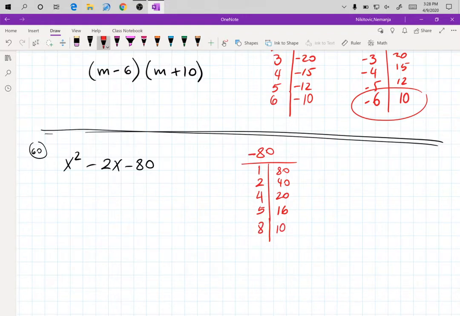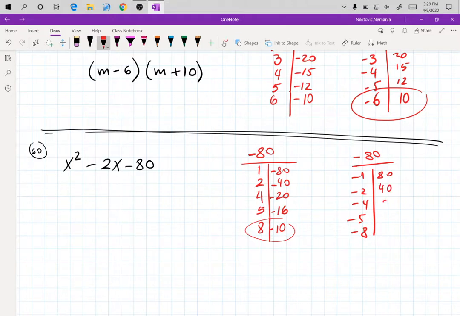And this was supposed to be negative, so we put negatives on all of these. Now I need negative 2. This already makes negative 2. I haven't even shown the other one. I already found my answer, right?